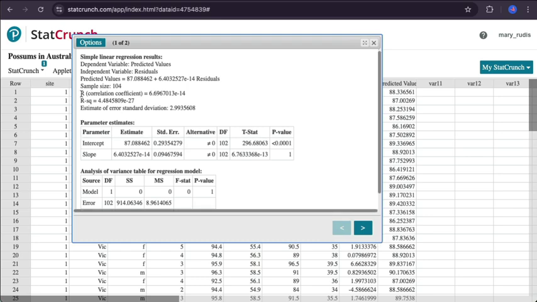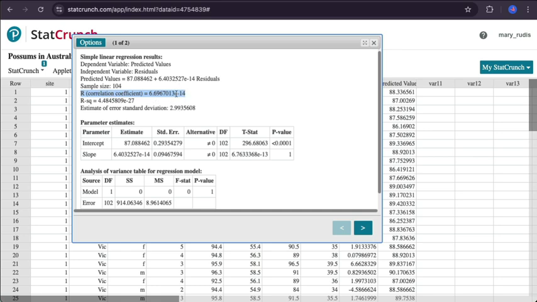So the R value, you will notice, is not 6.69, it's 6.69 times 10 to the negative 14th, which means that it's 0.0000 with 14 zeros, 669, extremely close to zero, okay?